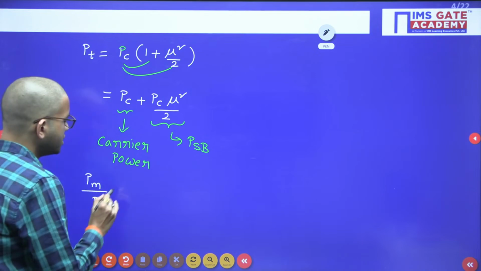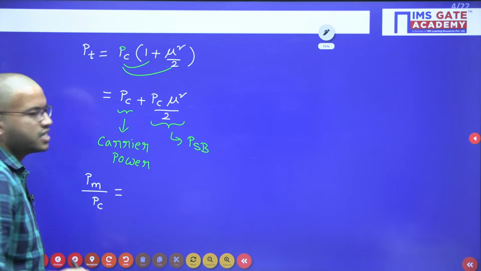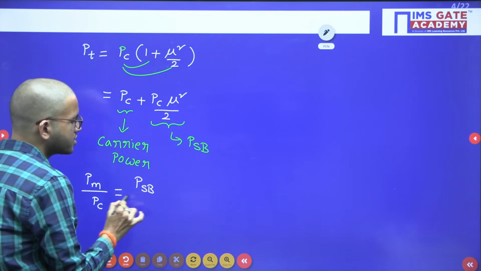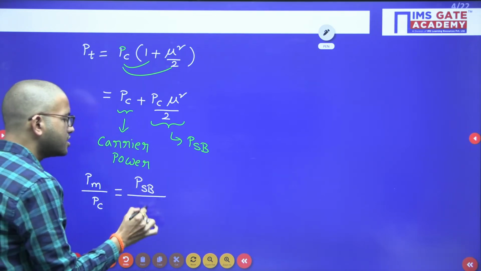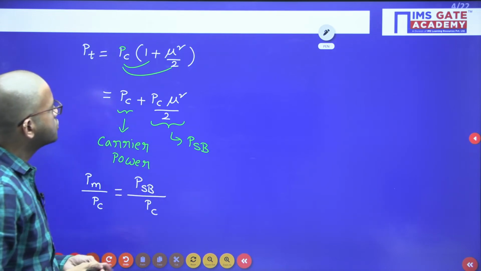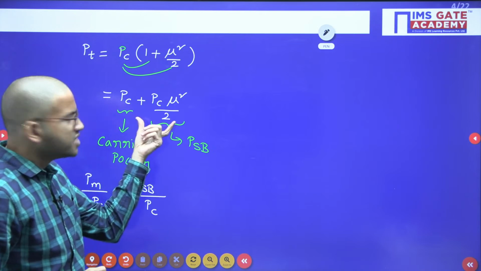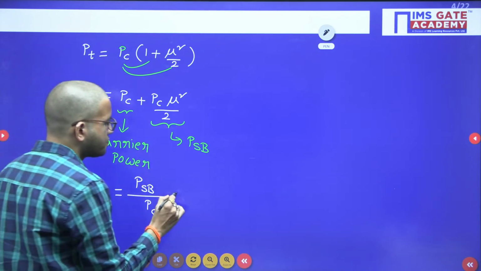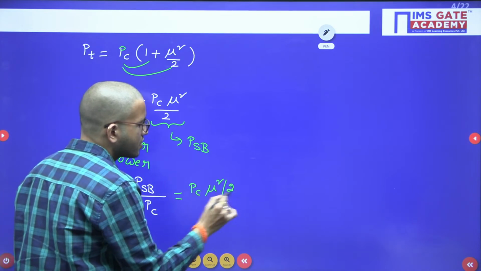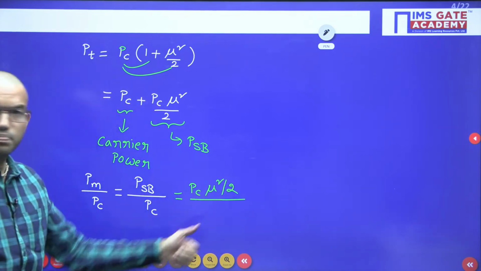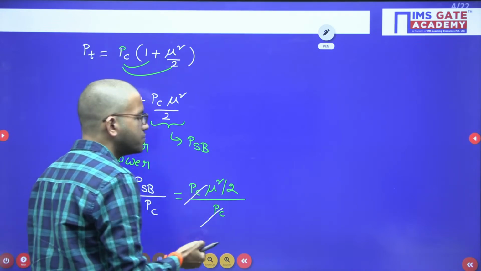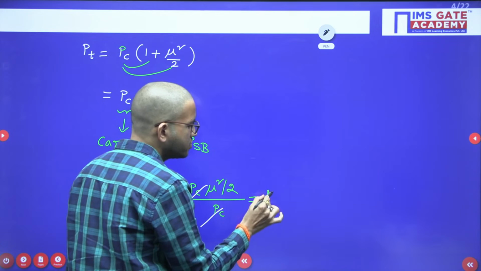Power of the message signal in AM or DSBSC is nothing but the total sideband power, divided by the carrier power. Now total sideband power is nothing but PC mu square by 2. So substitute here PC mu square by 2 divided by PC. PC will get cancelled, so you are going to get mu square by 2.